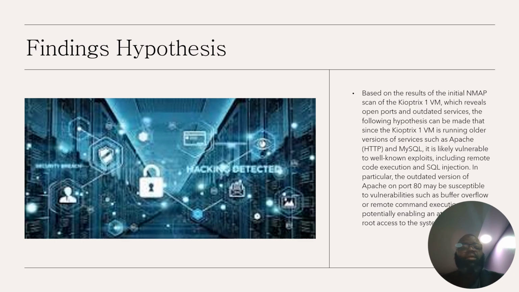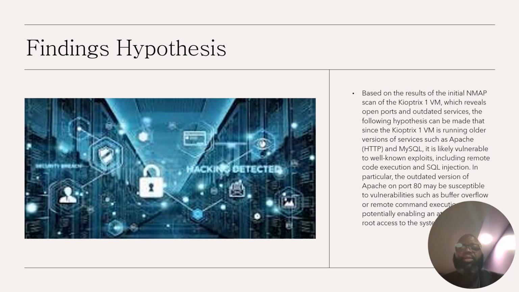Like the findings of the hacking, based on the results of the initial nmap scan of the Kiptrix version 1 VM, which reveals the open port was port 80 services.